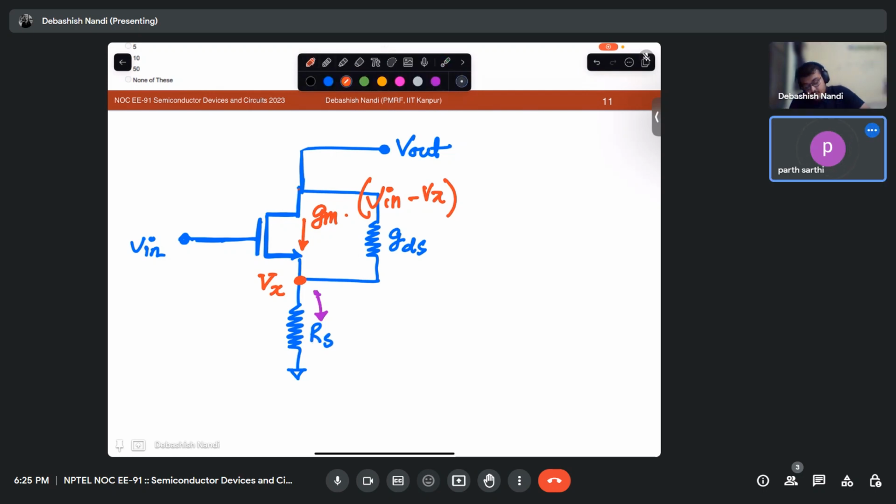Sir, before that, will you explain about GDS? GDS is nothing but, due to channel length modulation, there will be a resistance, the output resistance.